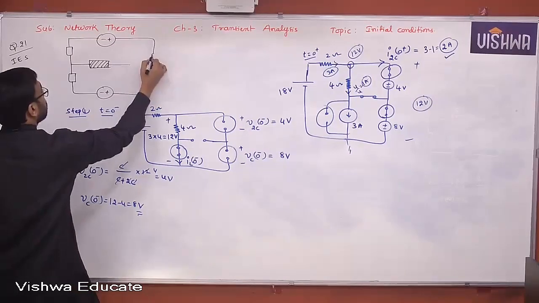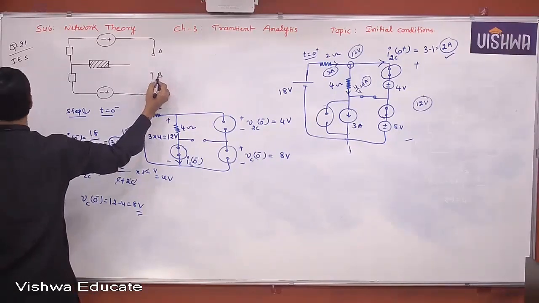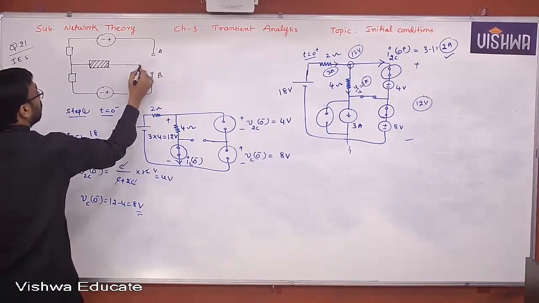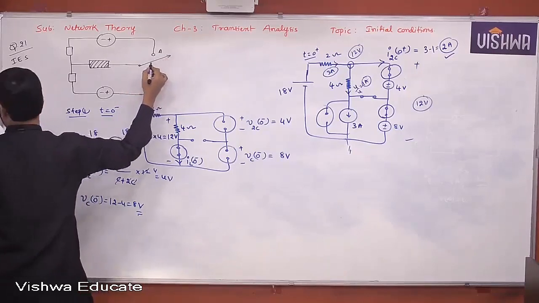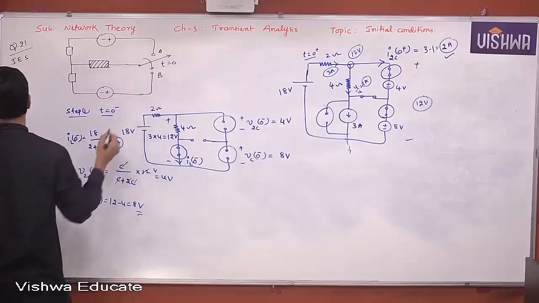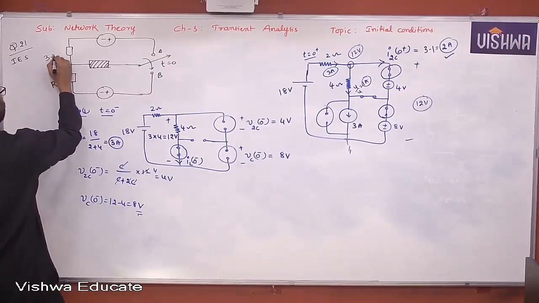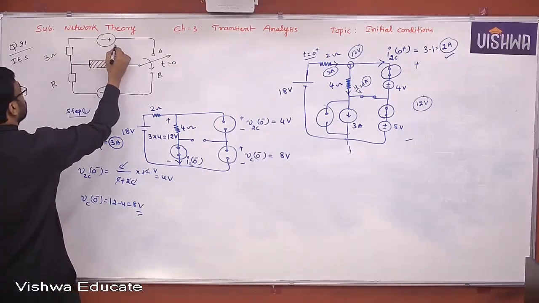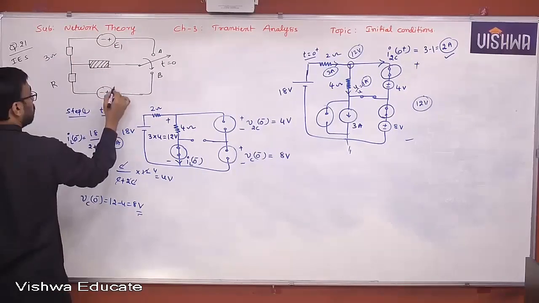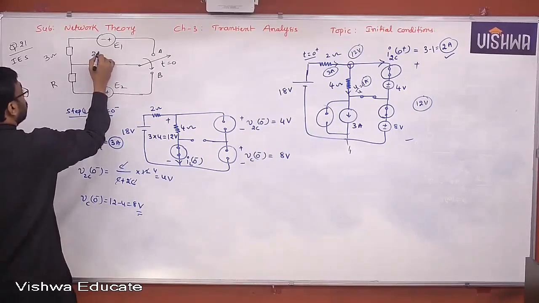Okay, so this is A, this is B, T equal to 0, 3 ohm, E1, E2, 2 Henry.